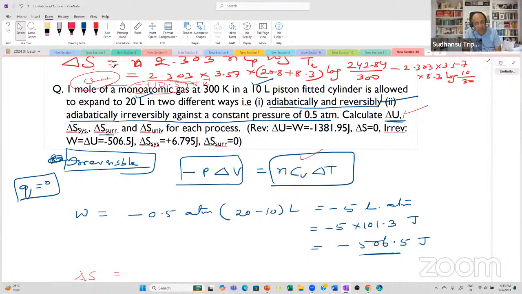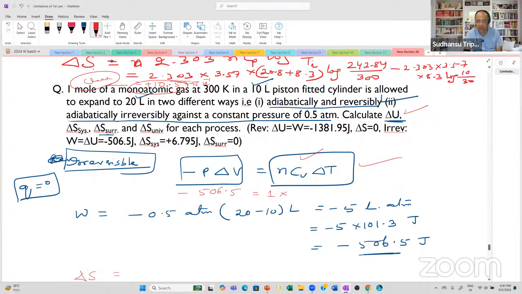But in any case, you have to find the final temperature. So you have to use this expression: minus 500 6.5 is equal to 1 mole Cv.